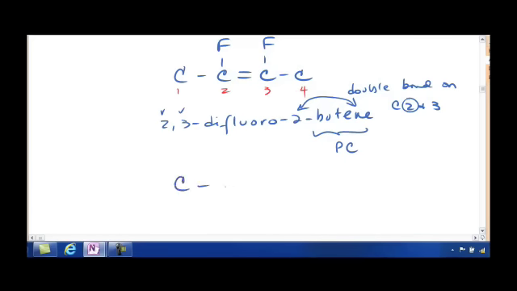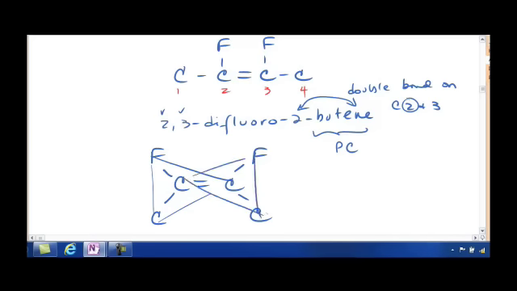This carbon has a fluoro and a fluoro, like a little triangle, and so is this, like a little bow tie. These angles are 120, 120, 120. Okay, so these 3 H's over here and these 3 H's over here are these guys. That is the same thing as that.